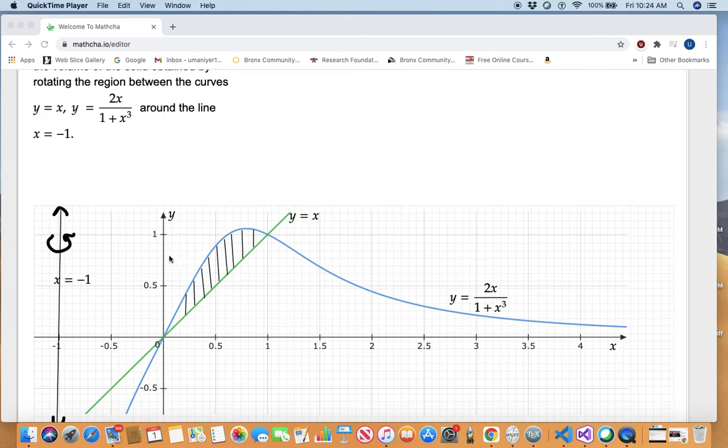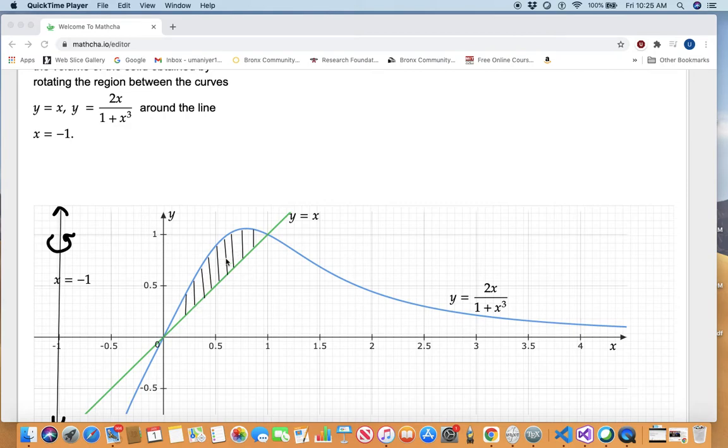Y equals x is this line, green line. That's y equals x. Y equals 2x over 1 plus x cubed is this particular curve. So you want the region between these two curves, and you want to rotate this about the line x equals -1. So x equals -1 is to the left of the y-axis.